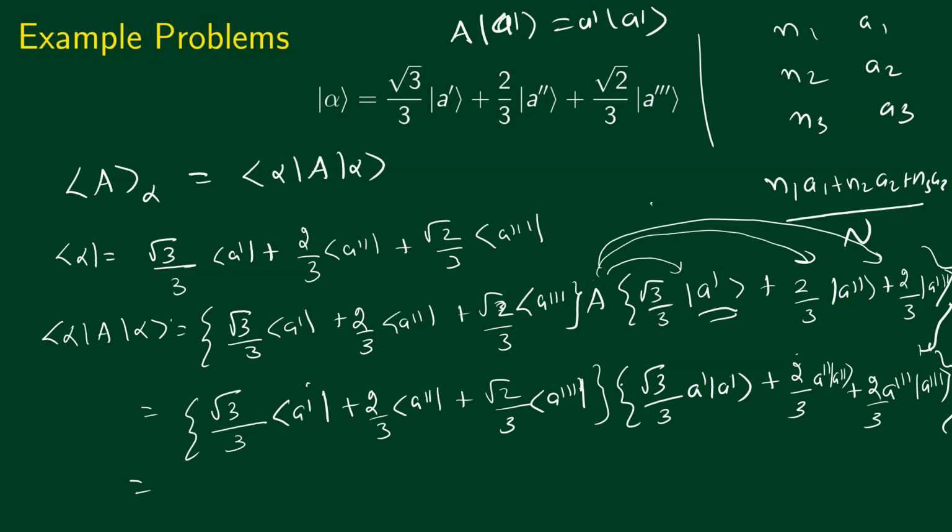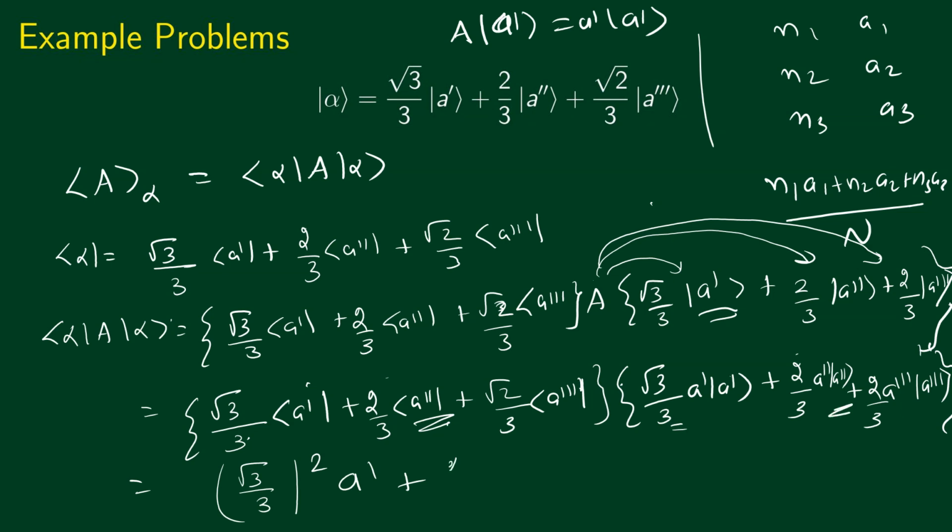Okay, so let me first write the numbers together. This is equal to √3/3 from here. Here also there's a √3/3, that's (√3/3) squared. There's the eigenvalue a', that's also a number, so I am writing all the numbers together, and I have got bra a' ket a', which is equal to 1. Similarly I combine this with every term in here, the only non-zero value corresponds to bra a'' ket a''.